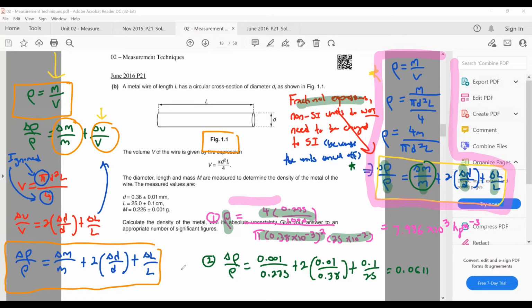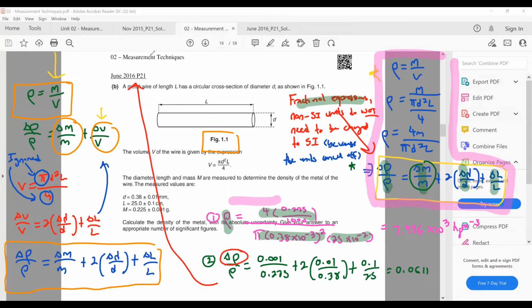Okay, then from there you want to get the absolute uncertainty, right? This one is just the fractional uncertainty form, so you need to put the values in. The bottom here may not fit, I'll just do the workings at the top here.